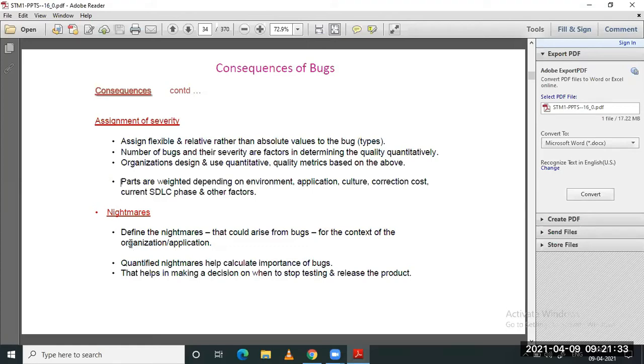Nightmares: define the nightmares that could arise from bugs in the context of the organization or application. Quantified nightmares help calculate the importance of bugs, which helps in deciding when to stop testing and release the product.